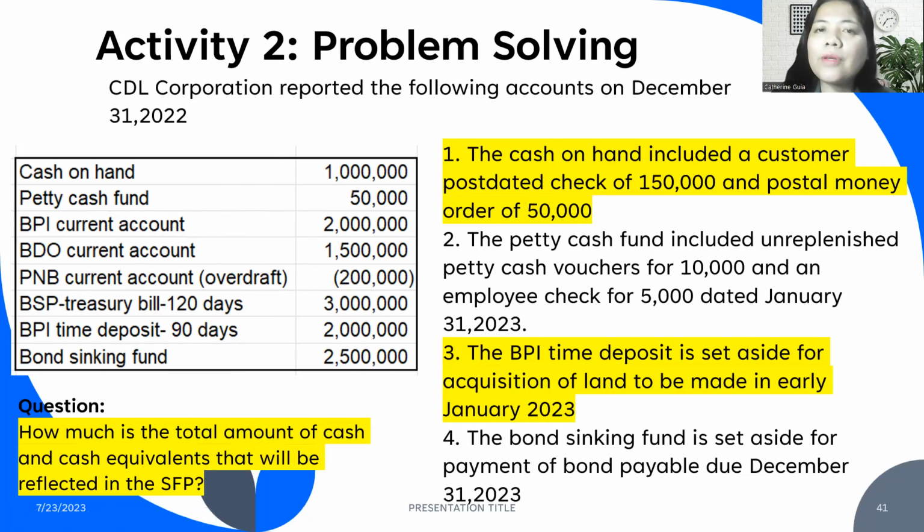After you have determined the transactions that will affect your cash and cash equivalents, then you can proceed with the amount of cash and cash equivalents that will be reflected in the statement of financial position. And if you already have the answer, you may comment your answer and check if you provided the correct answer.